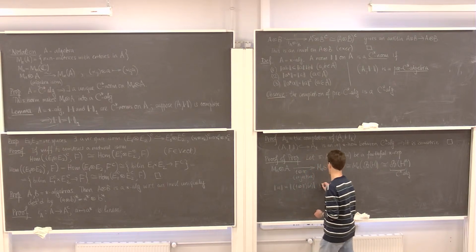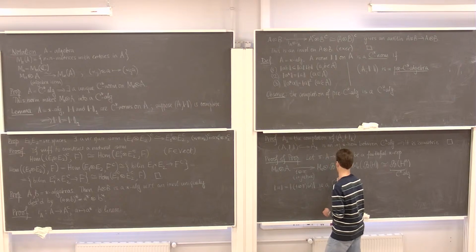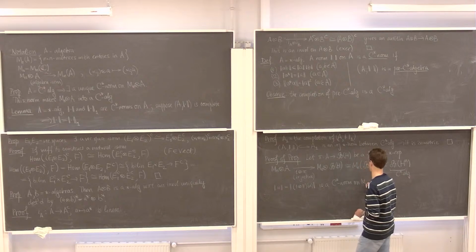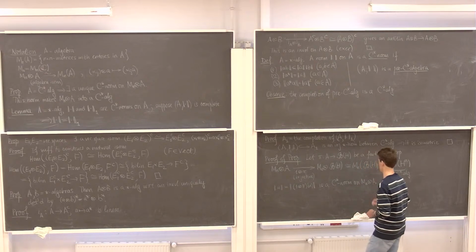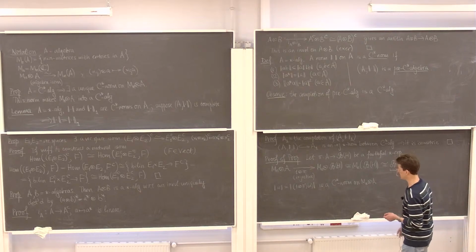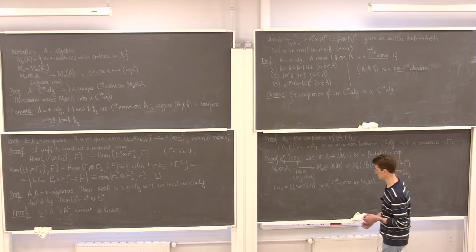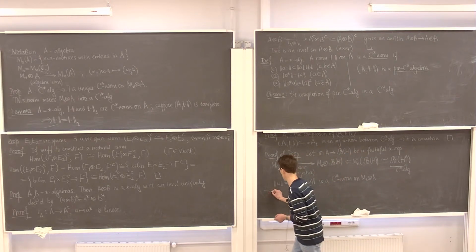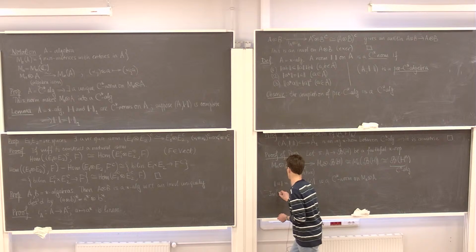And this is a C-star norm on the tensor product, because it appears from the injective homomorphism to a C-star algebra. Okay, so why is it complete? Let's look at the image of this map, 1 tensor π.